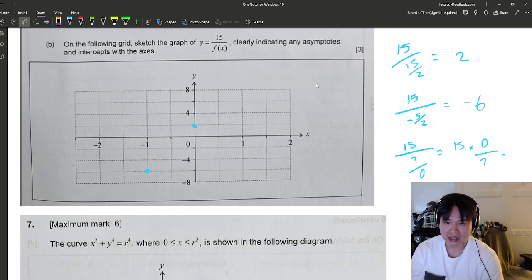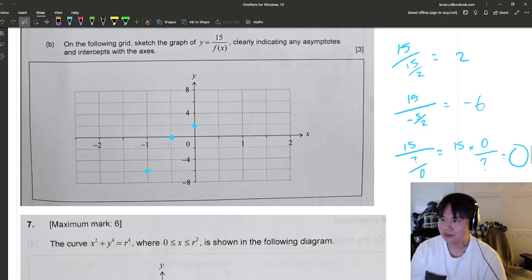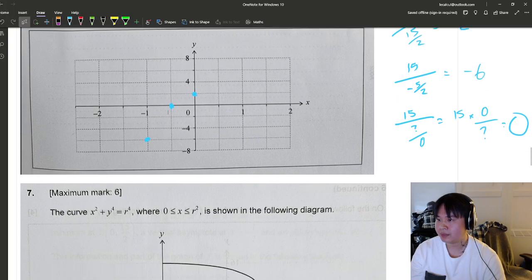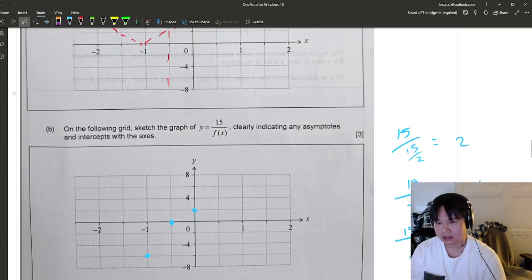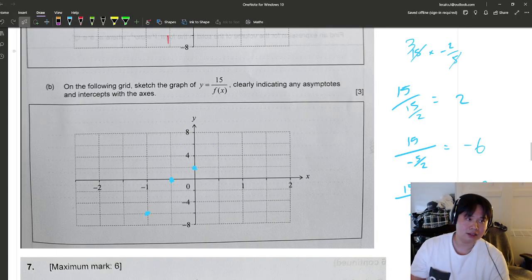This something is non-zero maybe, but whatever. This is just 0. We have an x-intercept where there's a vertical asymptote. This looks weird, but okay. Let me just check this one. This one looks okay. 15 times -2/5. Oh no, it is -6. Okay.